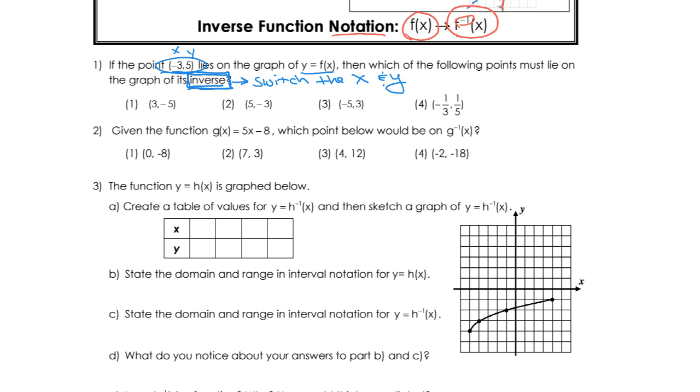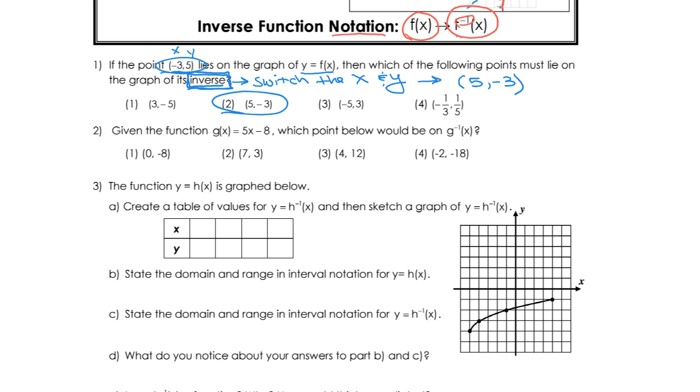If we switch them, we end up with 5 being first instead of second, and -3 being second instead of first. That point would be on the inverse, and the coordinates match those in choice 2. Notice we didn't change any signs. A lot of people think inverse with the little -1 means they want to change the sign. Nope, it just changes the position of the x and the y in the coordinate.